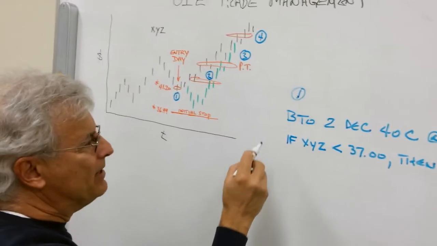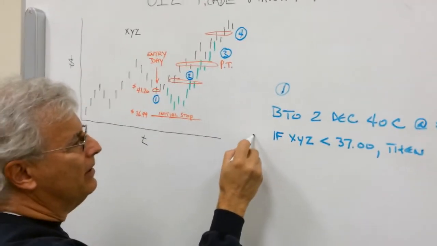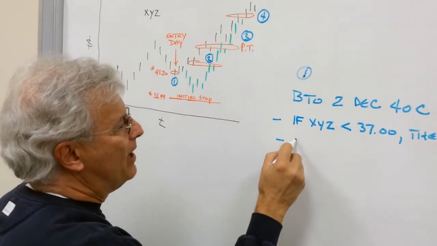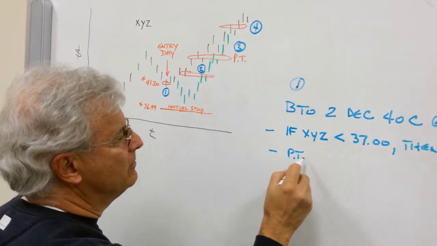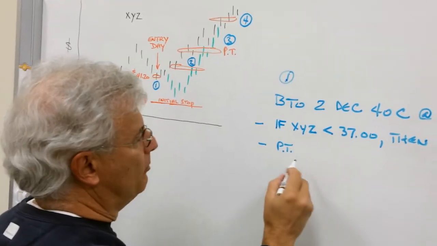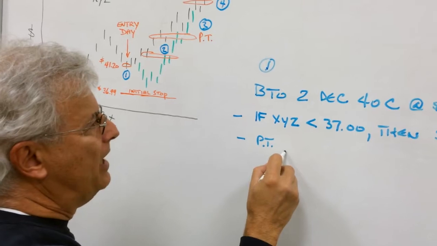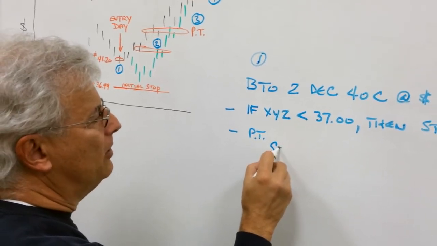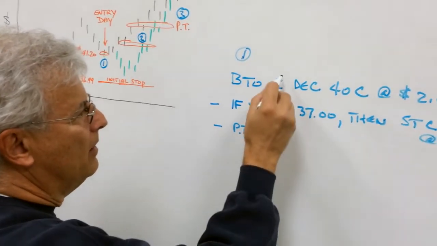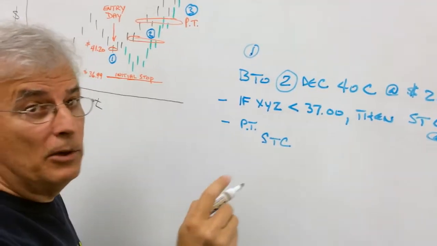Now at the same time we enter the initial stop, we're going to enter the profit target. And we do that directly with the option. We're going to say sell to close. Since we are long 2, we want to sell half now.